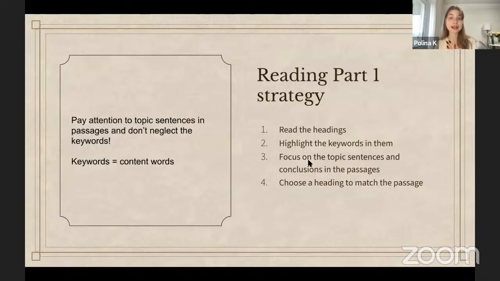Usually, the main idea is located either at the very beginning in the so-called topic sentence, or at the very end where the author summarizes their idea. So the author just wishes for the readers to get it clearly at the end of the passage. So either beginning or end.